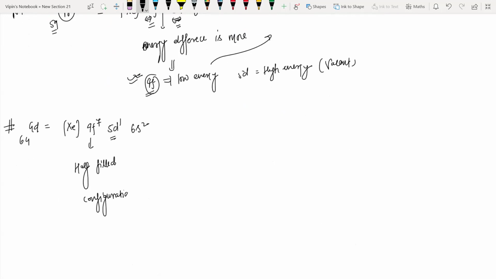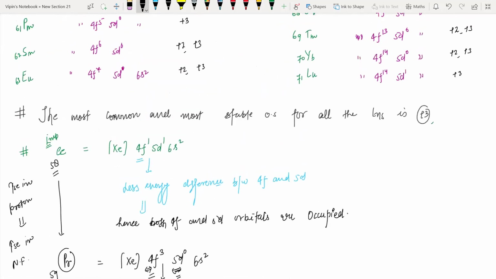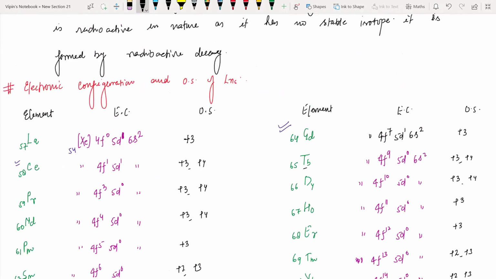Half-filled configuration is a kind of stable configuration. So in order to maintain the stable configuration, the electron enters the 5d orbital.